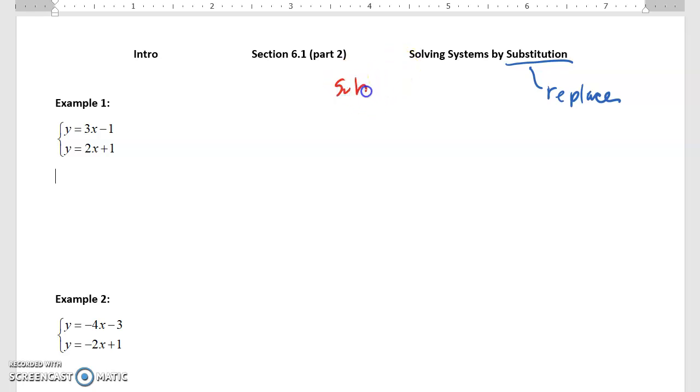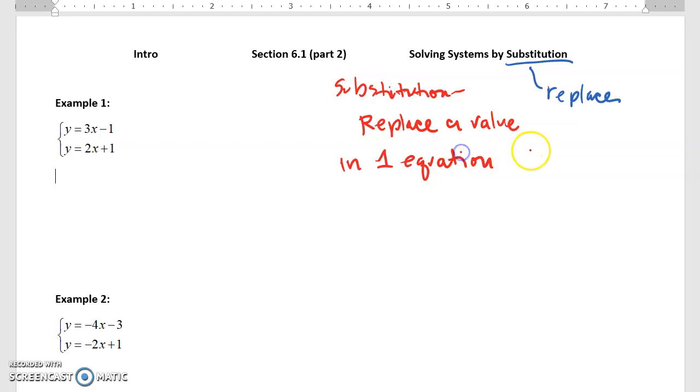So substitution is to replace a value in one equation with an equivalent value from another.